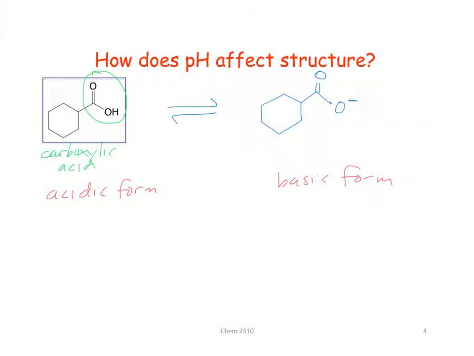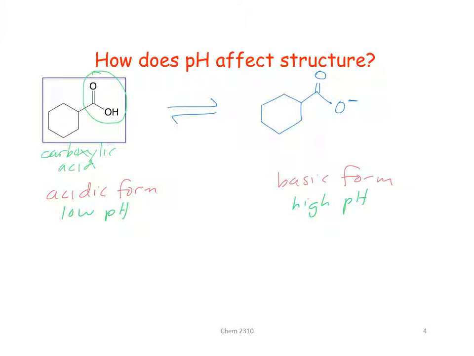So that means that the acidic form is going to be present at low pH, right? Because that's an acidic medium, and the basic form is going to be prevalent at high pH, so in a basic solution.